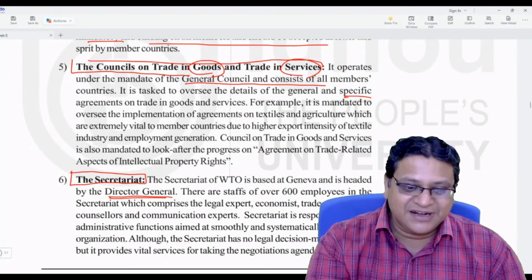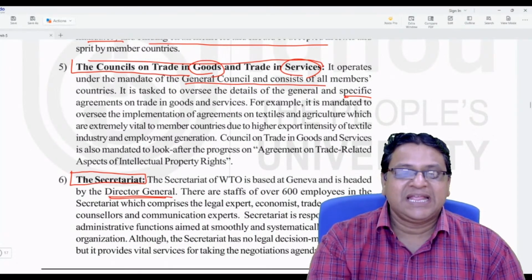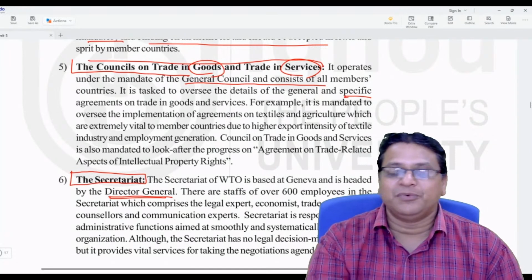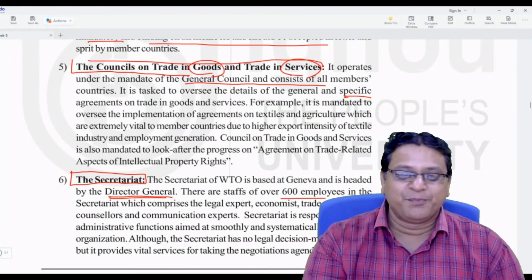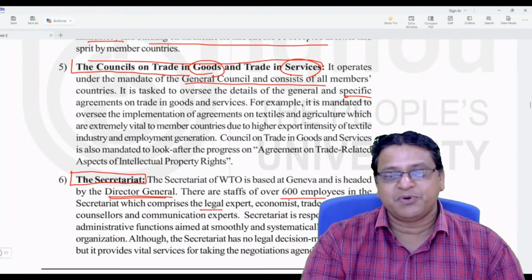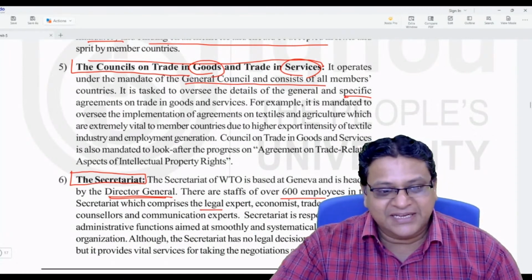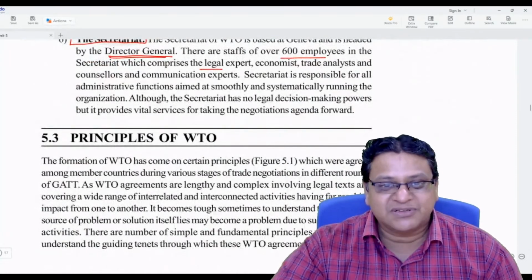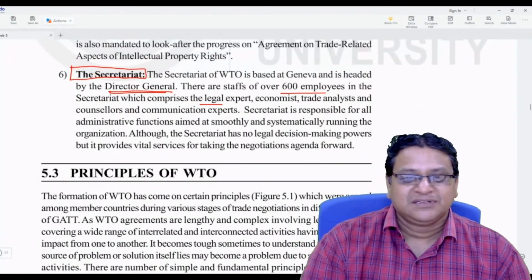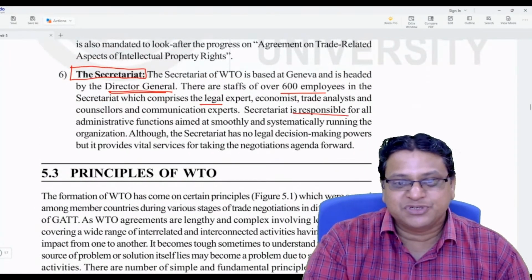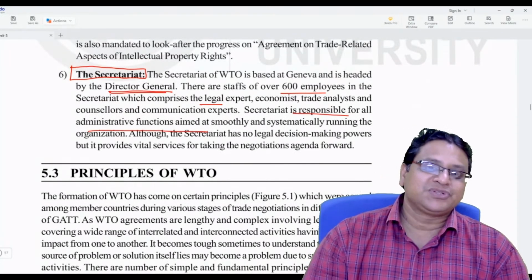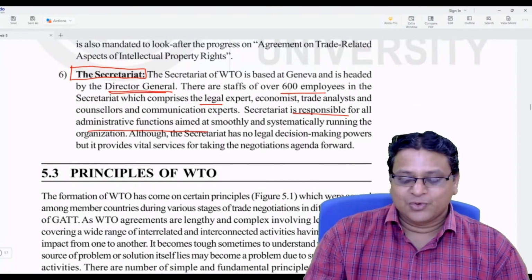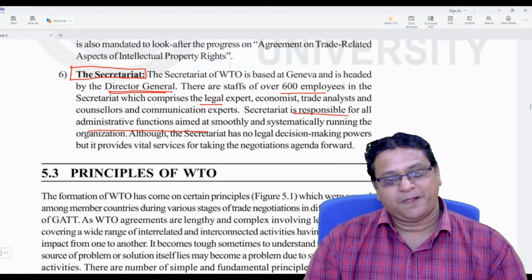The Director General heads the secretariat of WTO, and in WTO there are more than 600 employees, consisting of legal experts, economists, trade analysts, counselors, communication experts, etc. The secretariat is responsible for all administrative functions of WTO. So these are certain constituents of WTO.